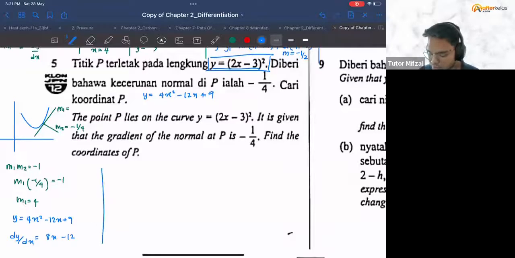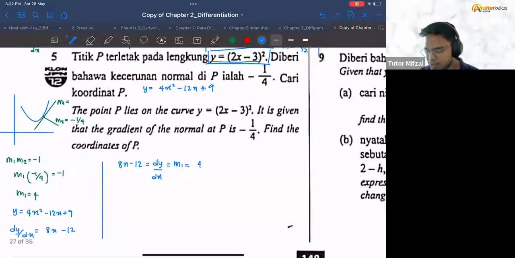So now this 8x minus 12, I boleh buat 8x minus 12 ni equivalent to dy over dx, and it is also equivalent to our M1, sama juga dengan 4 value dia. So 8x minus 12 is equivalent to 4. 16, 8x, x is equivalent to 2. Okay. Dah tahu x is equivalent to 2.